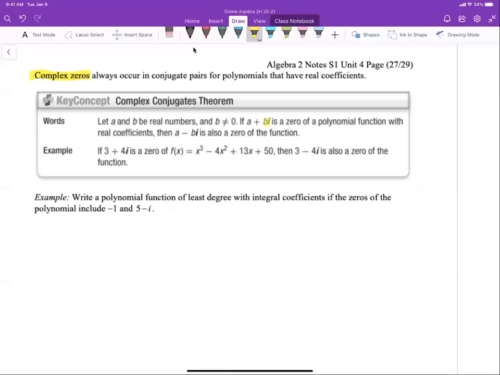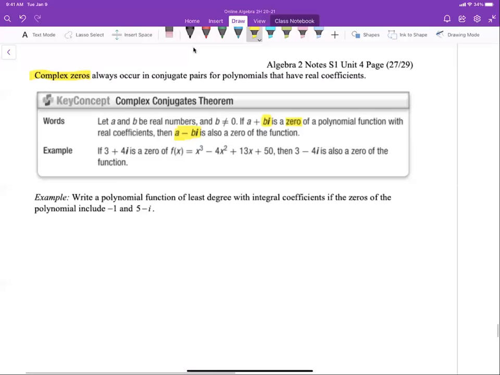So we have an actual imaginary part. If a plus bi is a zero of the polynomial function, that means x equals a plus bi such that y is equal to 0, then we also know that a minus bi is also a zero.